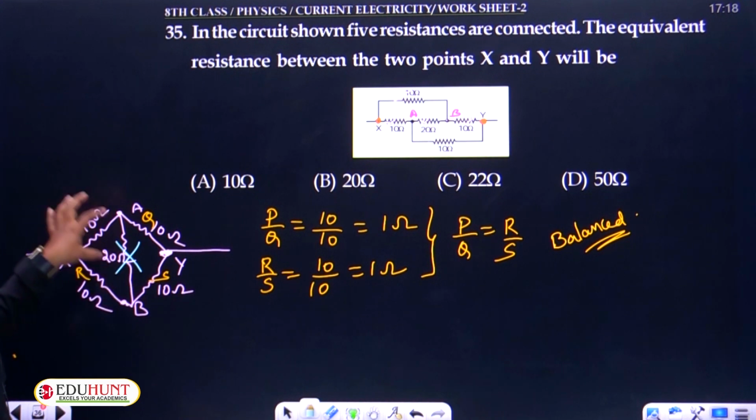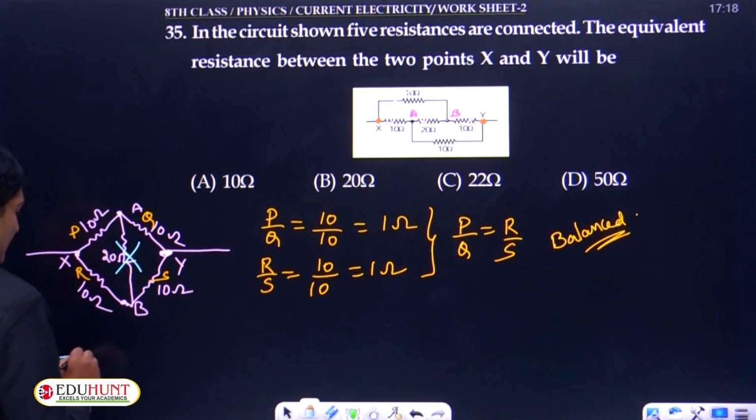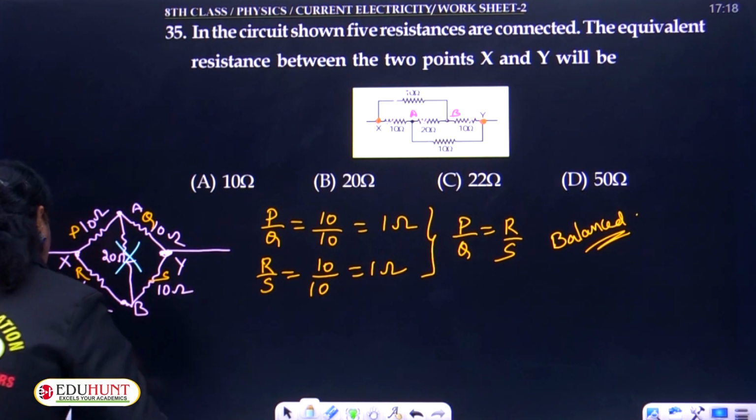As there is no current across this, you can eliminate this resistor, and let us draw the simplified circuit diagram. Now the simplified diagram somehow looks like this.